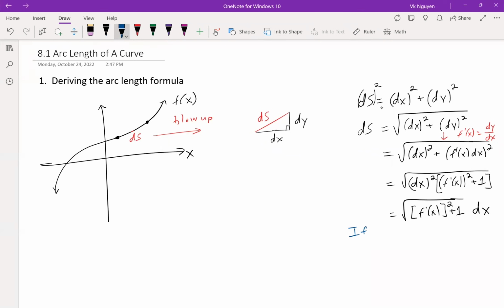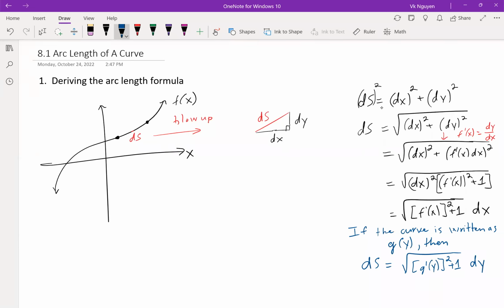If the curve is written as g(y), then ds could be the square root of g prime y squared plus 1 dy.